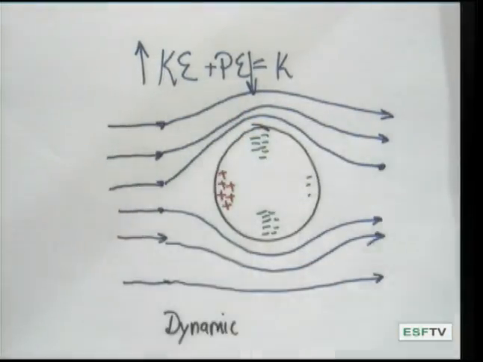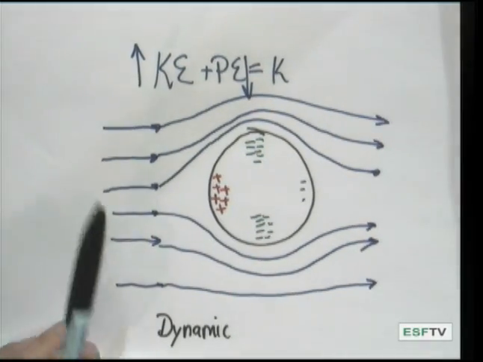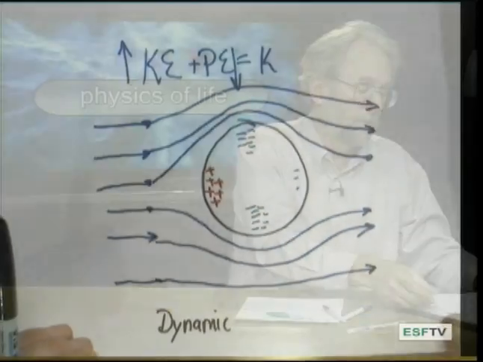And the famous Bernoulli's principle is one expression of this conservation of energy principle in the case of fluids. And so that's one kind of interaction that can take place between fluids and objects, these dynamic interactions that are involved with distortions of flow fields around objects.